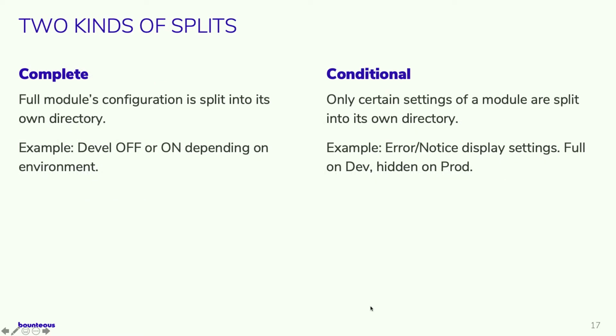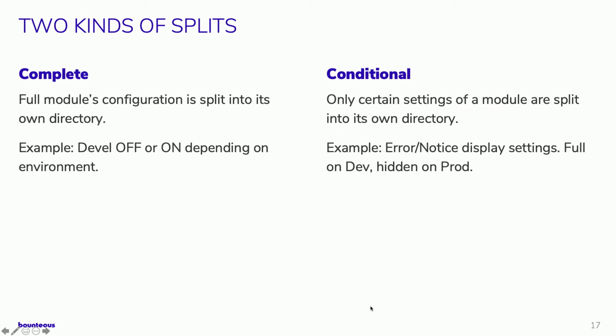And there are two kinds of splits that you can put in place. One is a complete split, and that means a module and all of its settings is either on or off, and then those settings are brought in. And then there's the conditional split, and that's more for very specific settings. So that would be like on the production environment, I want no errors logged to the screen.